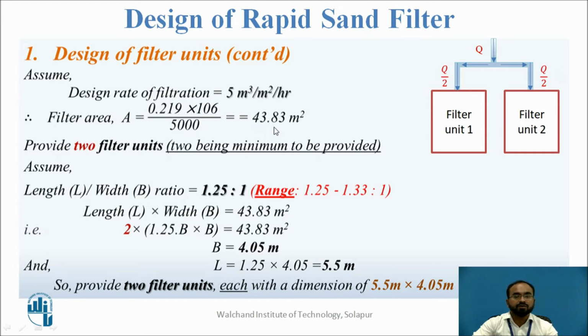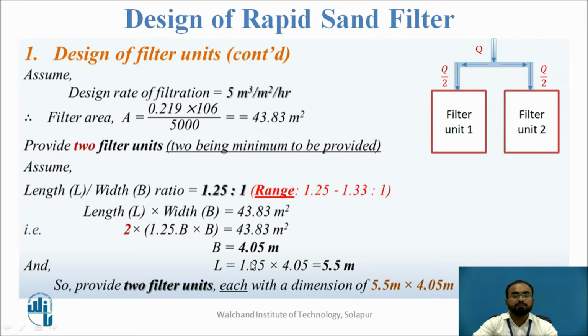Now as we know the area, we can fix the length and breadth using the L by B ratio range, that is 1.25 to 1.33 to 1. I am taking 1.25 to 1. Length into breadth is 43.83 square meters, that is my area. Using the ratio, 2 multiplied by 1.25 B into B will become 43.83 square meters.